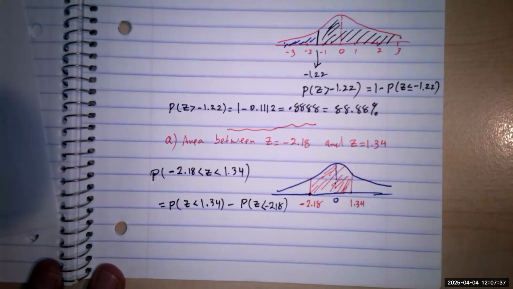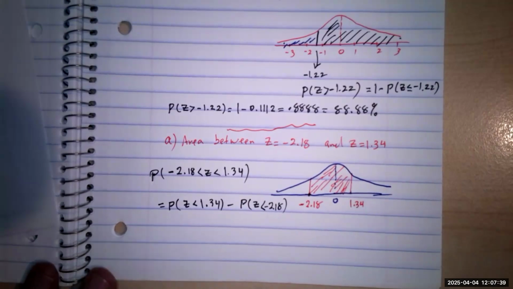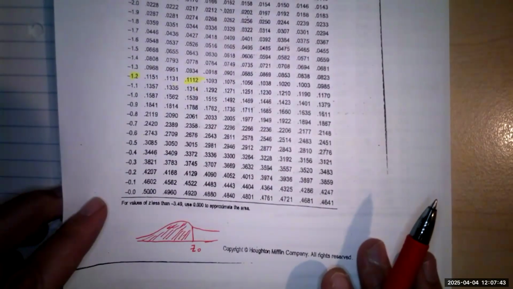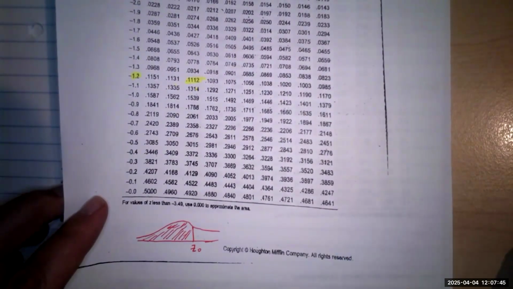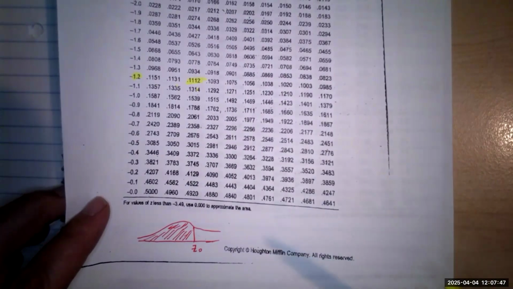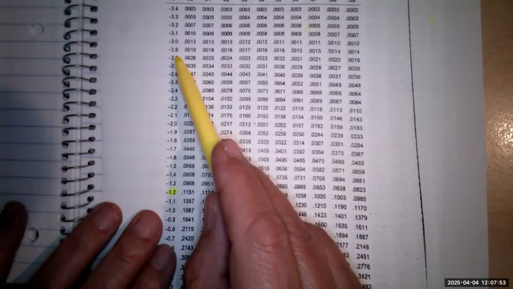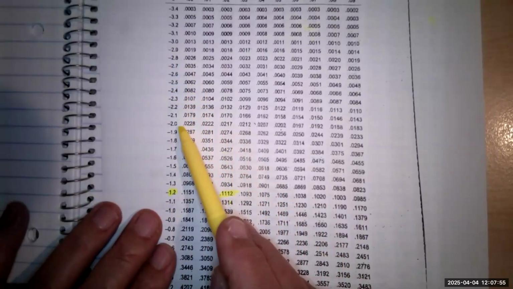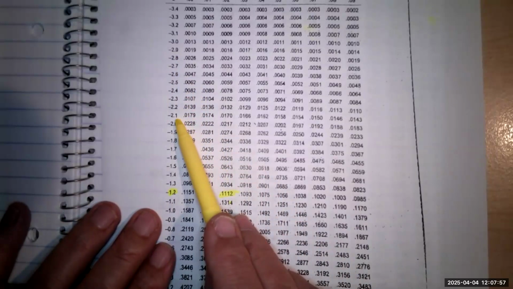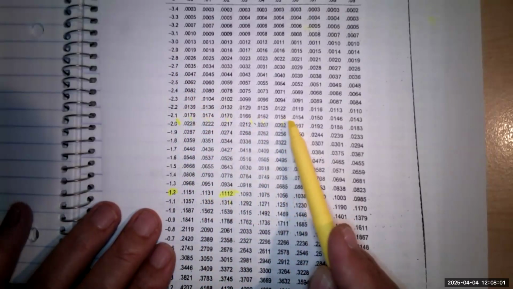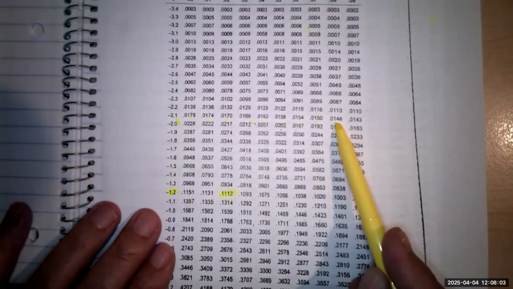And if you go back to the table over here, you can identify these two quickly. You have negative 2.18. You identify negative 2.1 first. Then it's 8: 0, 1, 2, 3, 4, 5, 6, 7, 8.